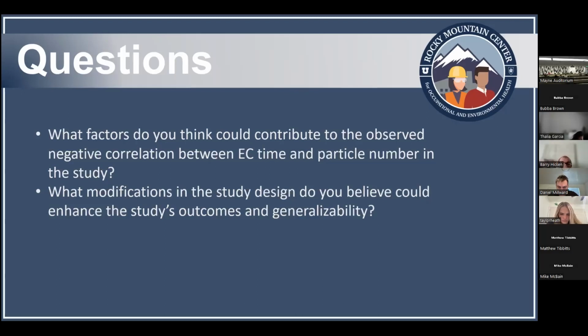So we need to understand the actual composition of the smoke. It's not just the smoke, it's what's in the smoke. If it's water, then no problem. But if it's all these harmful or hazardous materials, then we need to pay more attention. So I think these are the modifications.